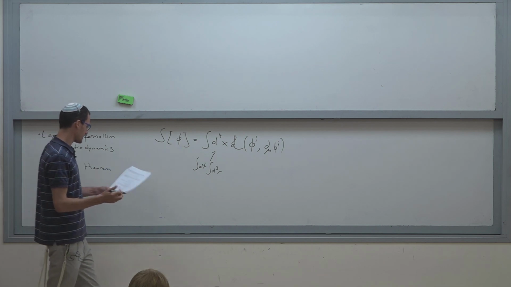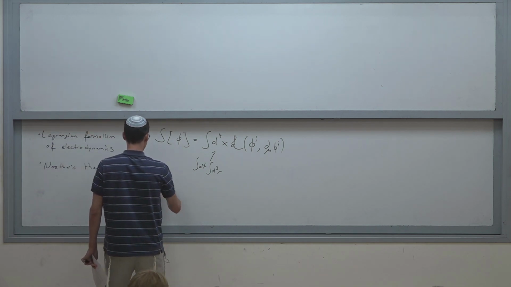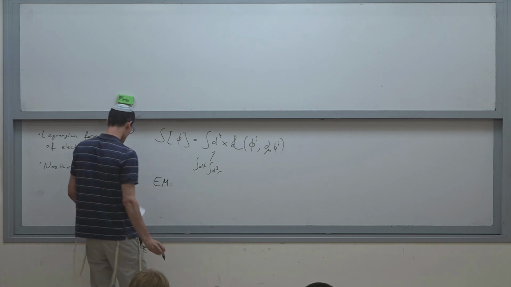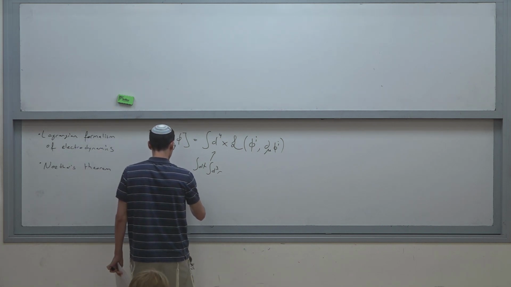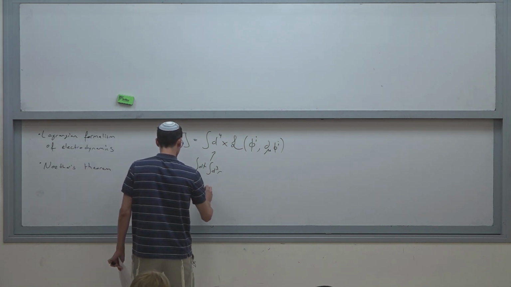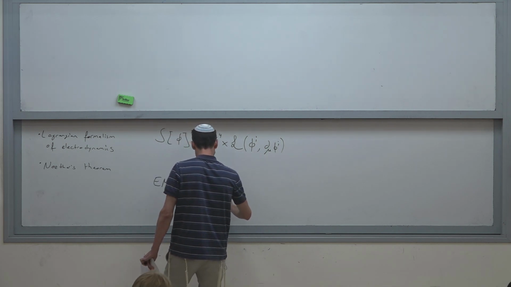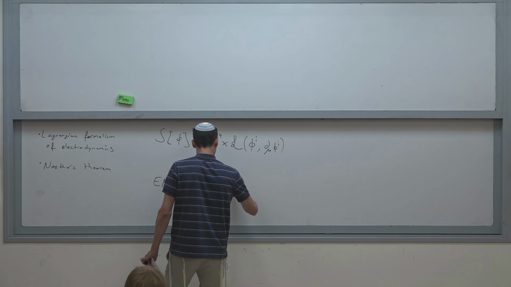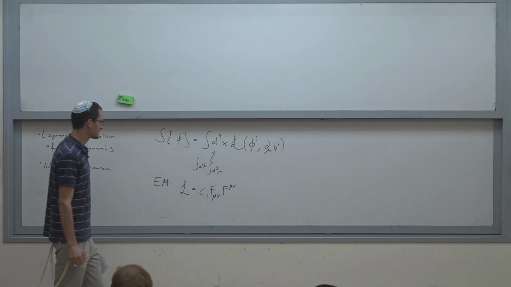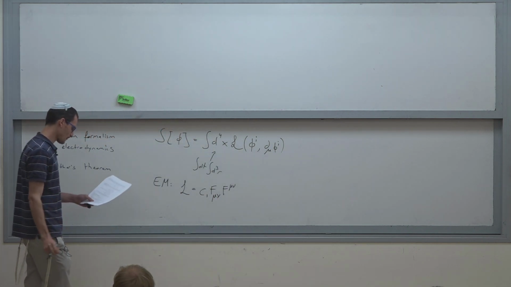So for example, in the case of electromagnetism, the Lagrangian density, as we introduced earlier already, can be built from the electromagnetic tensor F mu nu.